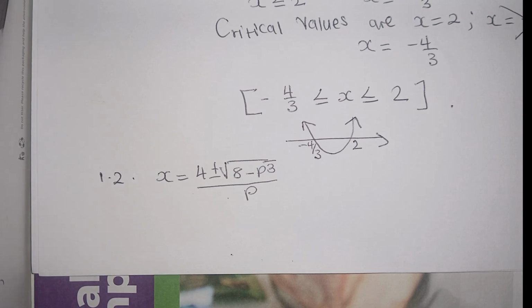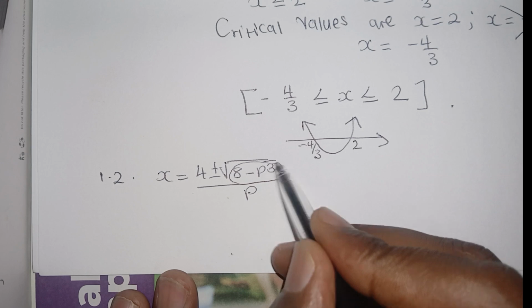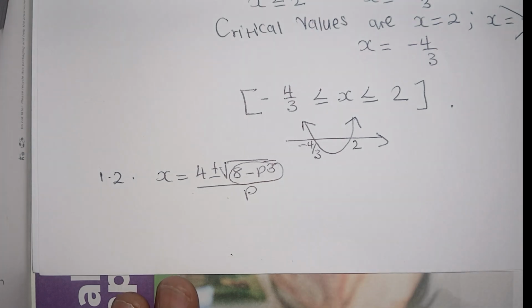Now, first things first, what you need to do is to check what's inside the square root, because the question made it easy to say the roots of a quadratic equation in terms of p are given as follows. So determine the values of p for the roots to be real.